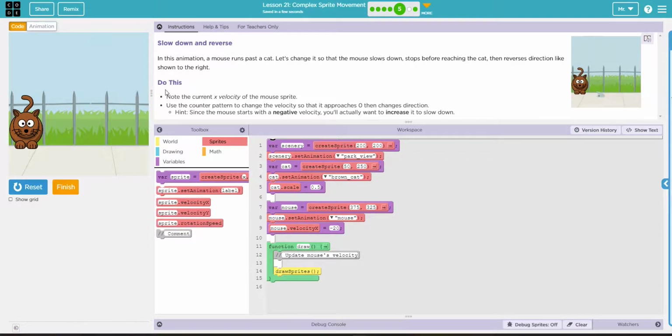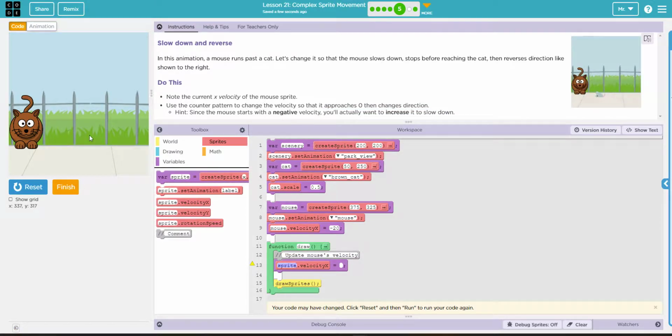Note the velocity x block of the mouse sprite is at -20. Use the counter pattern to change it so that it approaches 0, then changes direction. Since it's a negative velocity, we'll want to actually increase it to slow it down. Because it's going towards the left, we're going to increase the value to slow it down.